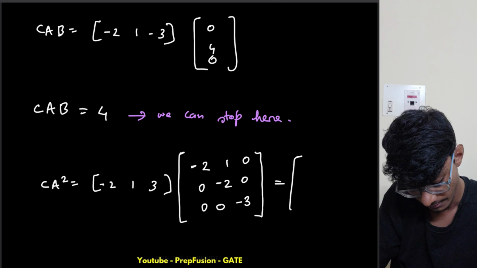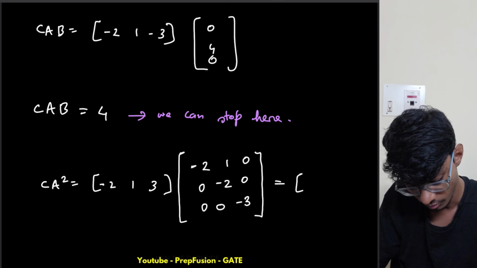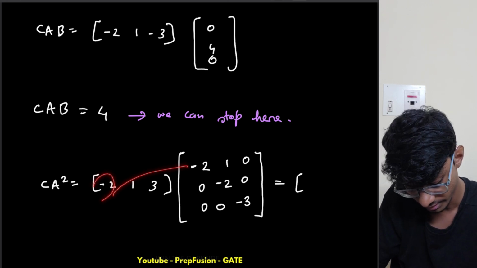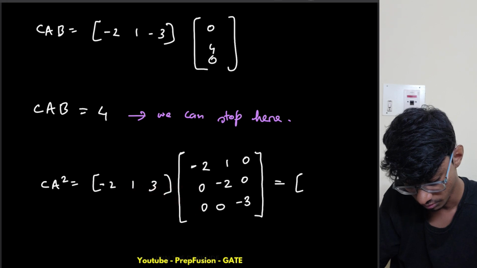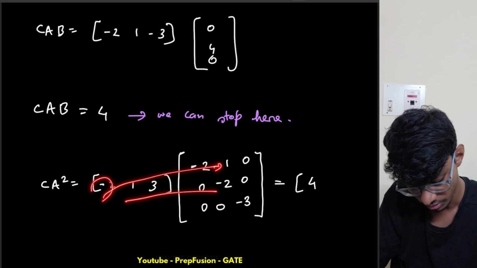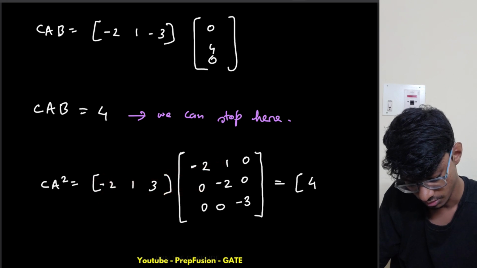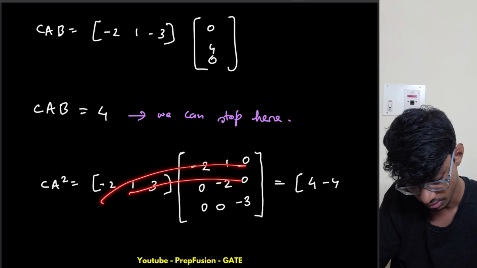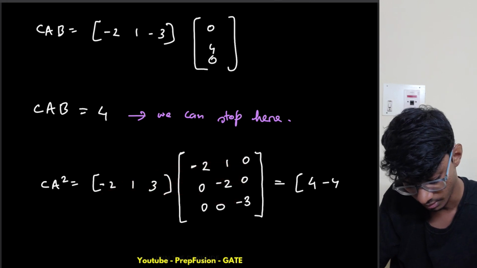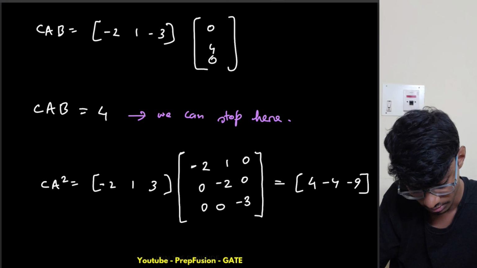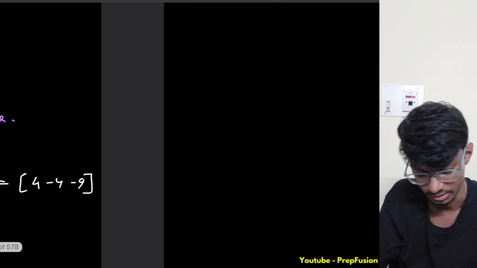Again we'll get a row matrix. This is minus 2 times minus 2, 4, 0, 0. So this becomes 4, and this is minus 2 times minus 2 and 0, so this becomes minus 4. And this becomes 0 0, and this becomes minus 9. So this is 4 minus 9 minus 9.